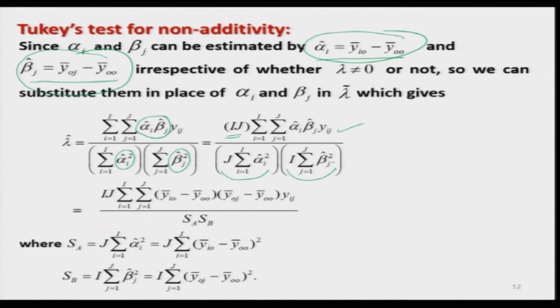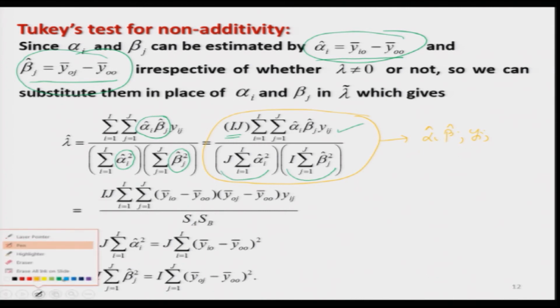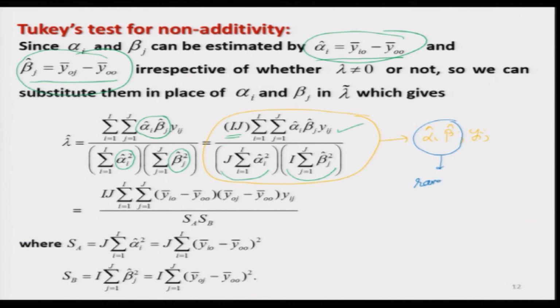Now, here comes a confusion. If you forget the way you have obtained these values and simply look at this structure, this is a function of alpha_i hat, beta_j hat and y_ij. So, it appears that alpha_i hat and beta_j hat are also random, but that's a big question mark.